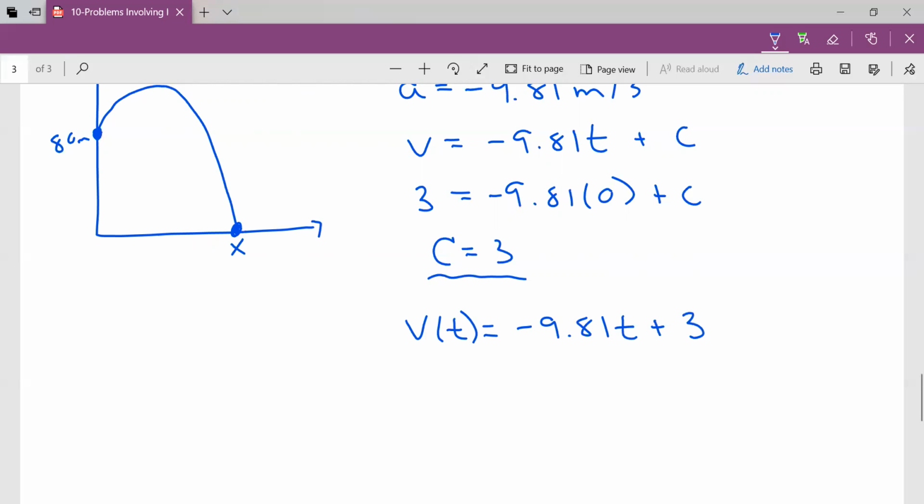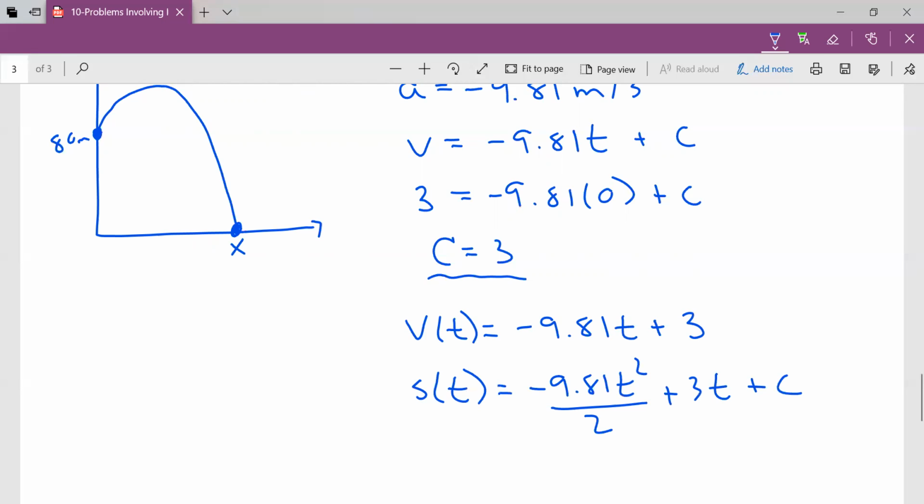Now, we're getting there. We want that position function so that we can tell how long it takes to hit the ground. So to find the position function, we're going to take the antiderivative of the velocity function. So negative 9.81 t squared divided by 2 plus 3t plus c.